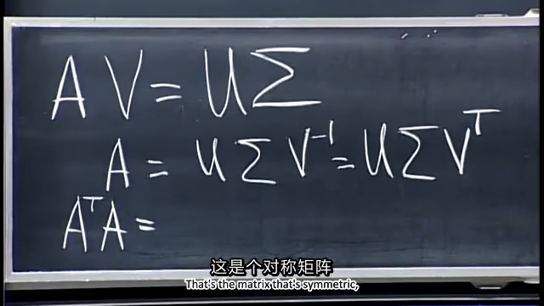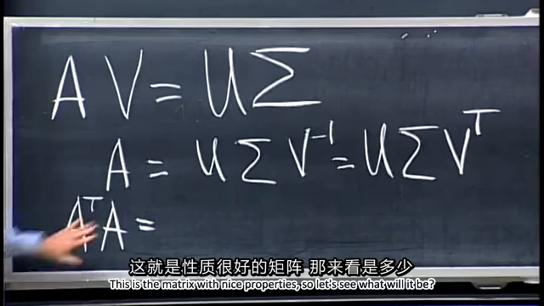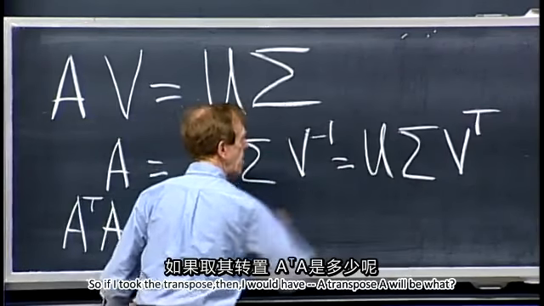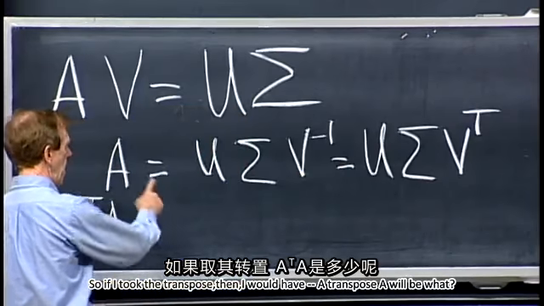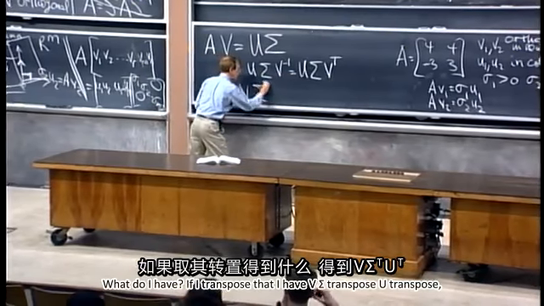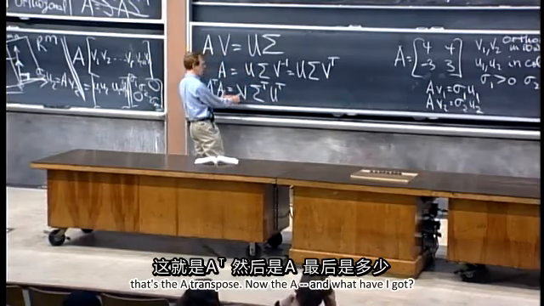That's the matrix that's symmetric. And, in fact, positive definite, or at least positive semi-definite. This is the matrix with nice properties. So let's see what it will be. If I took the transpose, A transpose A will be what? If I transpose that, I have V sigma transpose U transpose. That's the A transpose.